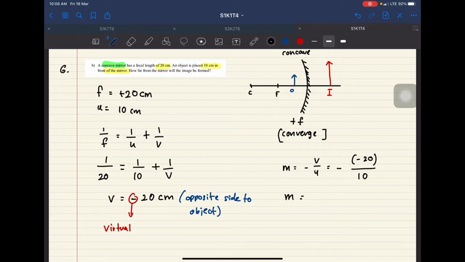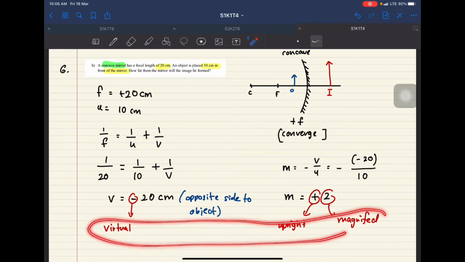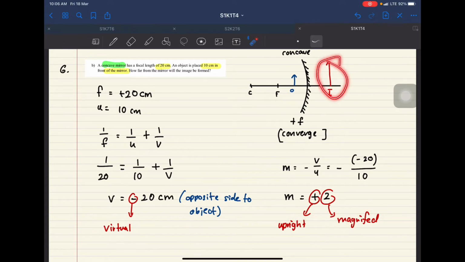So m will be equal to positive 2. These numbers indicate that this is an upright and magnified image. So all the properties here agree with the initial prediction. In a way, you can say that all your calculation is correct.